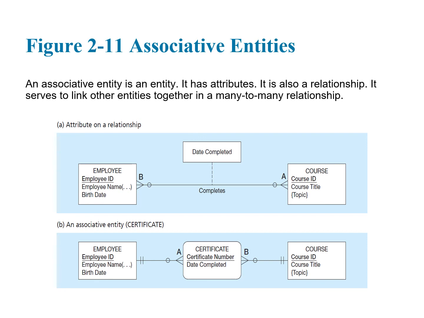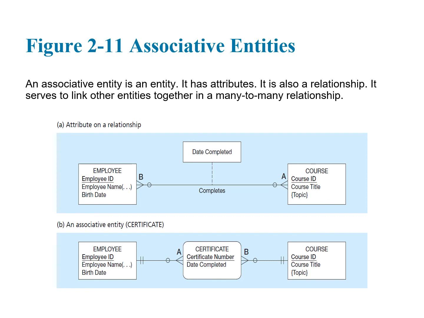In figure A, the date complete attribute pertains specifically to the employee completion of a course. It is an attribute of the relationship. The relationship simply states that an employee completes a course on a particular date. The completion is represented as a relationship and is not an entity unto itself.